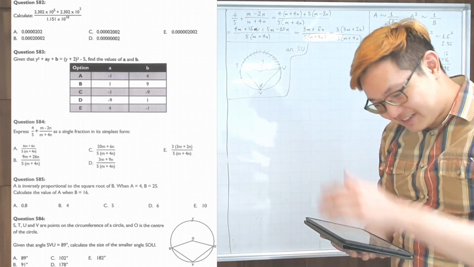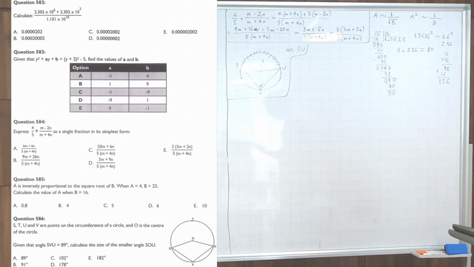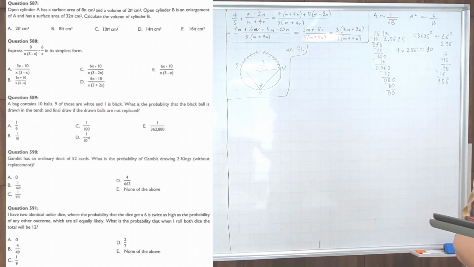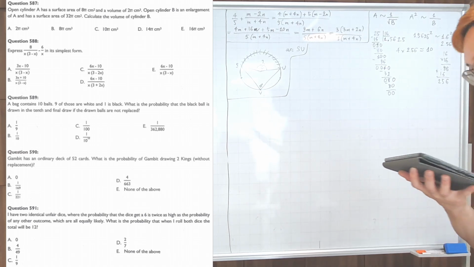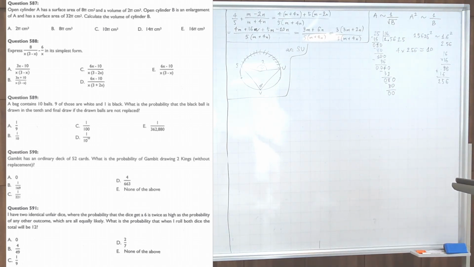Okay, question 587. Open cylinder A has a surface area of 8 pi cm squared.